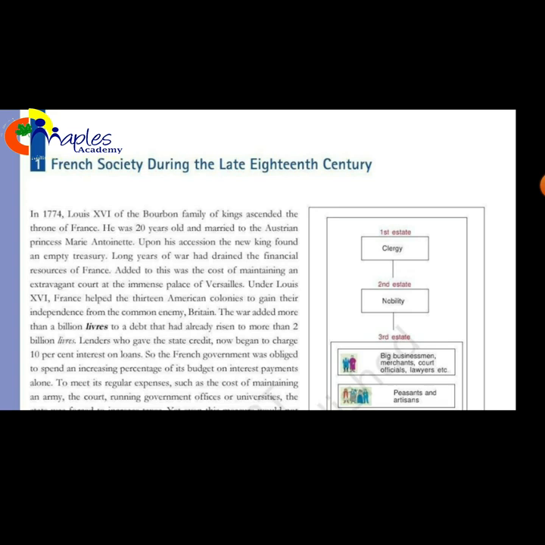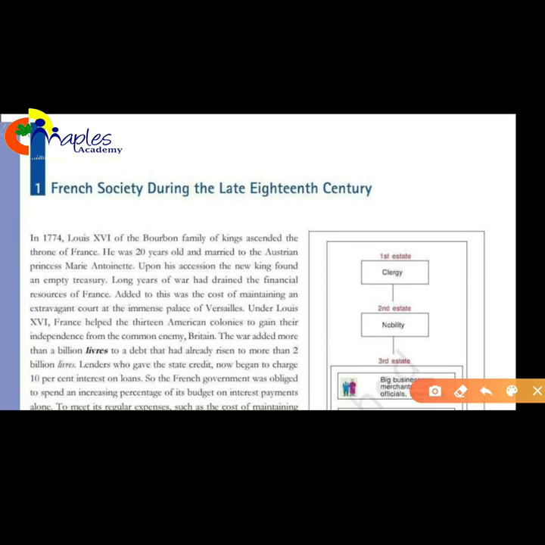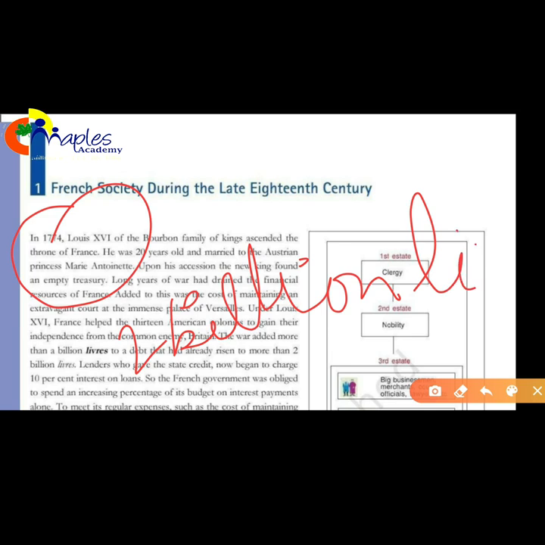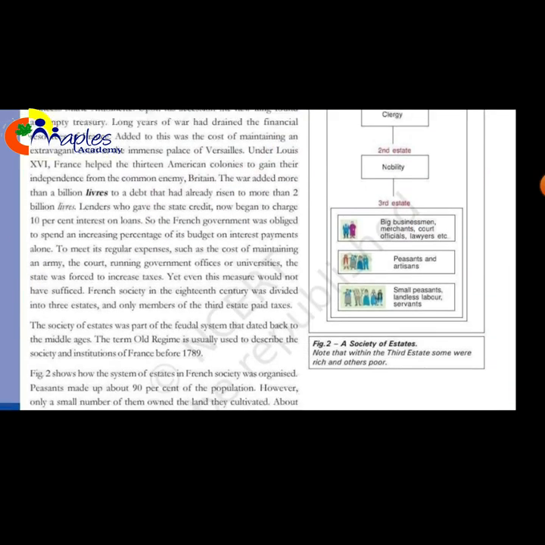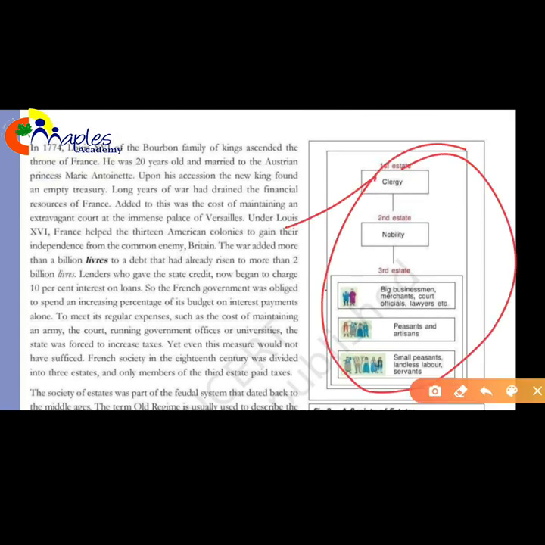So till here we have discussed how Louis XVI became the king and how he had a debt of 2 billion livres, and you know the reason now why France had this debt: because France was involved in the war with America. I have also told you the French society was divided into three estates: clergy, nobility, and third estate.